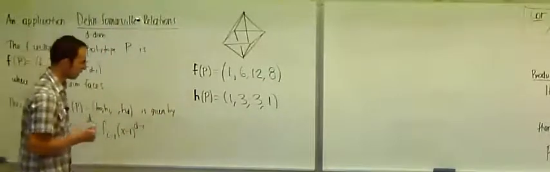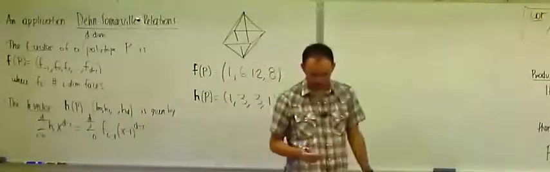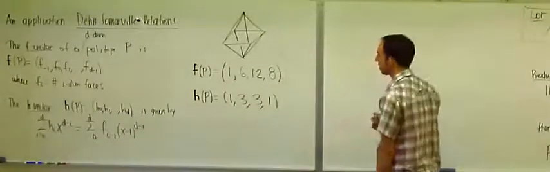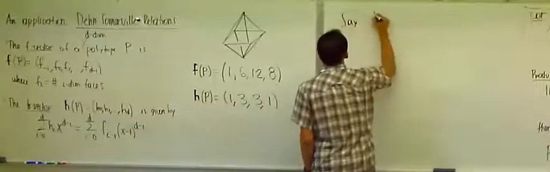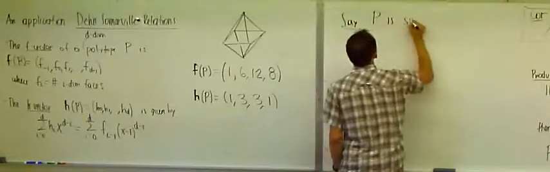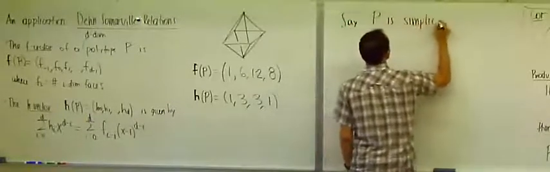So let me write that, but let me also write a condition that you need for this to hold. Because this doesn't always hold. This holds if your polytope is what is called simplicial.